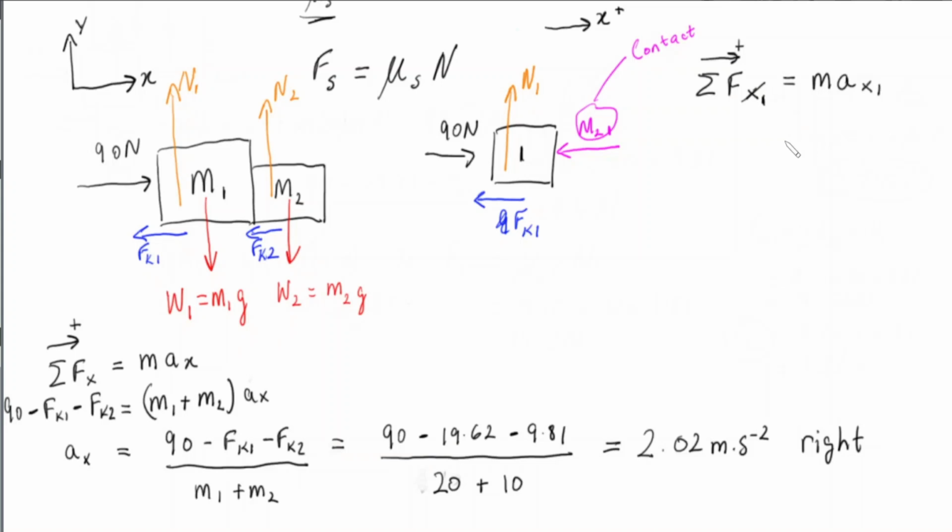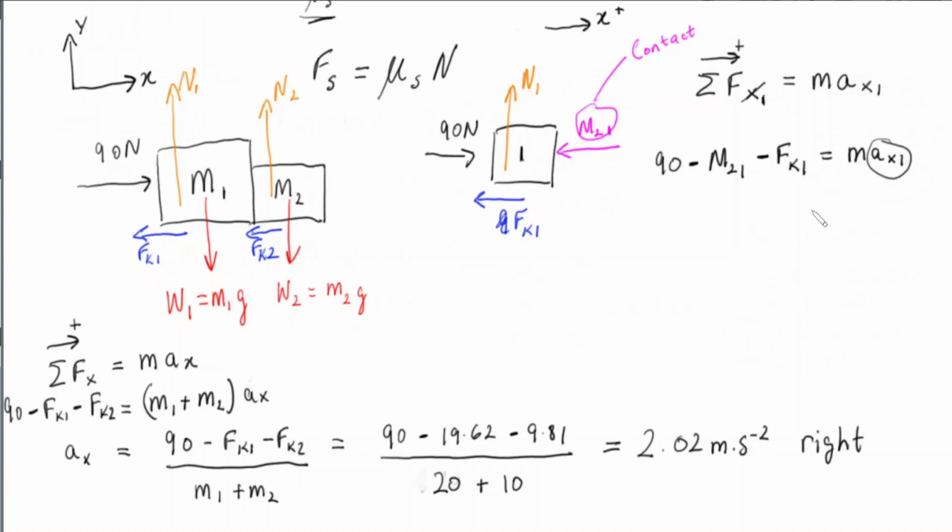And we can go ahead and substitute all our forces in. So we've got the 90 newtons minus this contact force, which is m21, minus Fk1, which is the kinetic friction, is equal to m a(x1). And we know ax1 is just going to be the acceleration for the entire system, because m1 and m2 accelerate at the same rate.